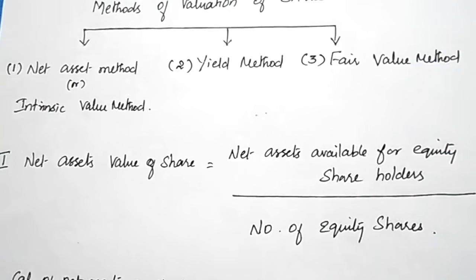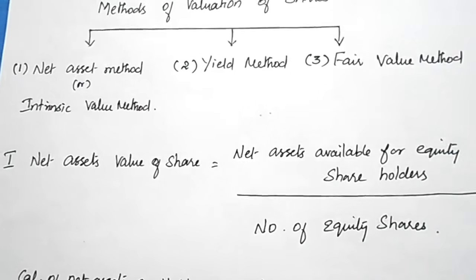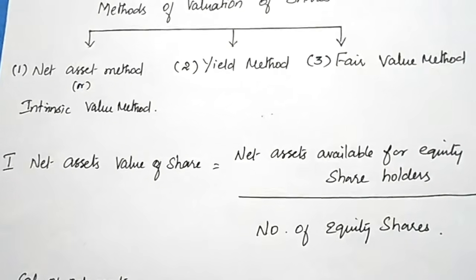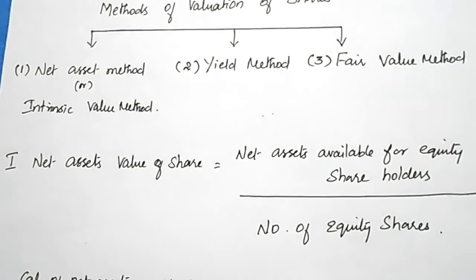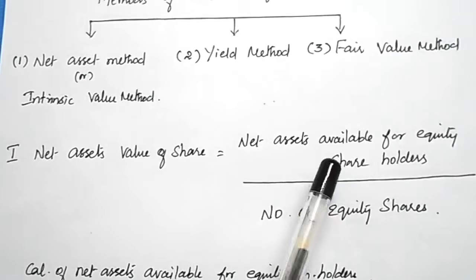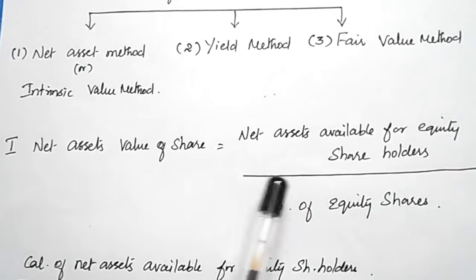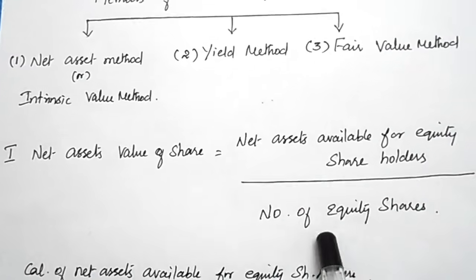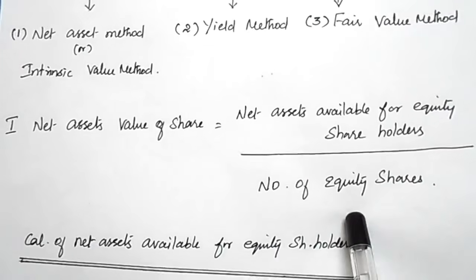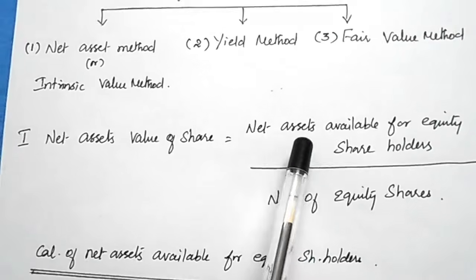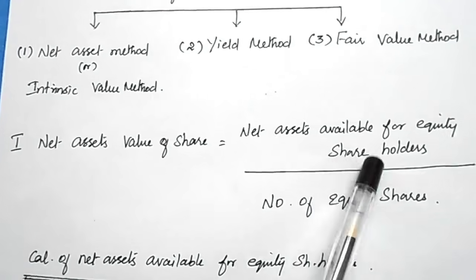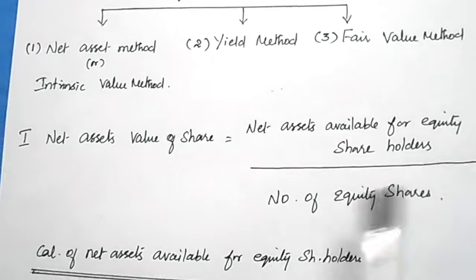Then you will get a net asset which is available only to equity shareholders. So in order to apply this formula, you first need to find the net asset available for equity shareholders, divided by the total number of equity shares. This information will be given in the problem itself. The only thing you need to find is the net asset available for equity shareholders.